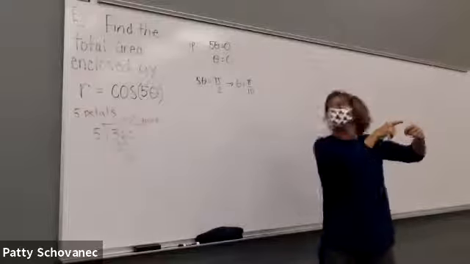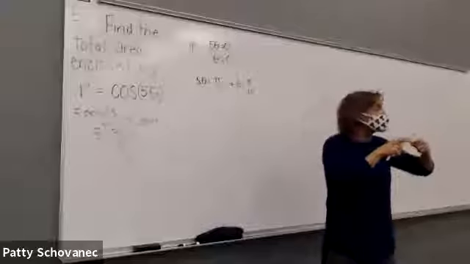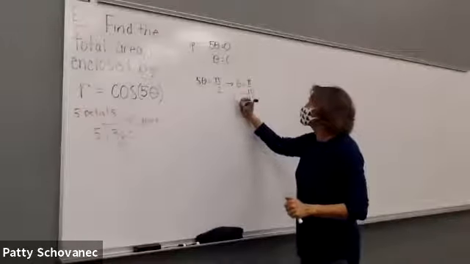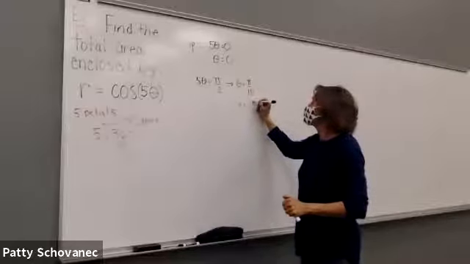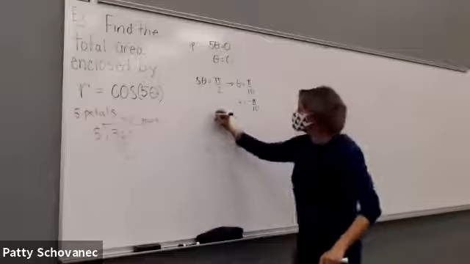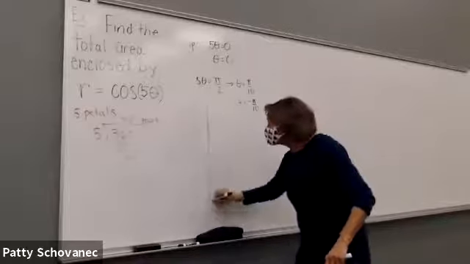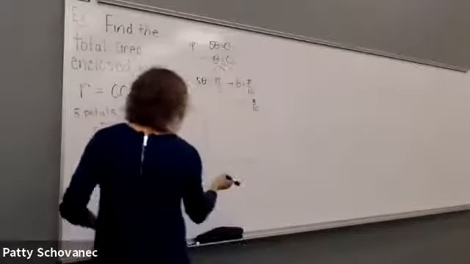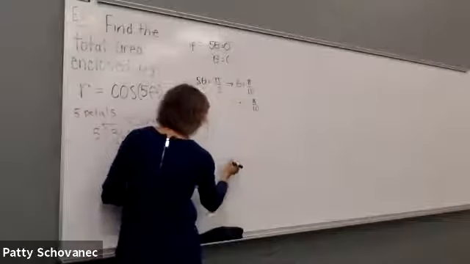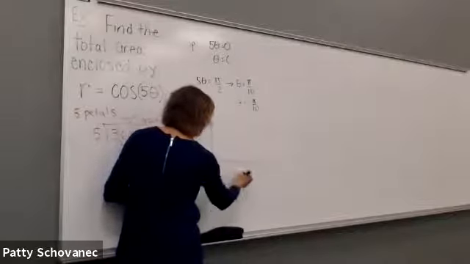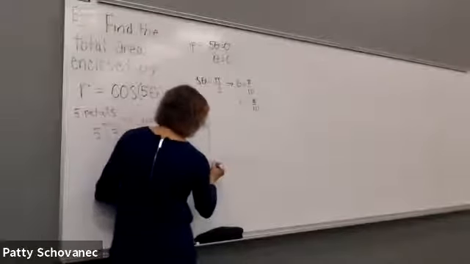It closes at pi over 10, so it's going to also close at negative pi over 10. So here's our first petal. It's 0 here, and then at pi over 10 and negative pi over 10 it closes. So there's the first petal.